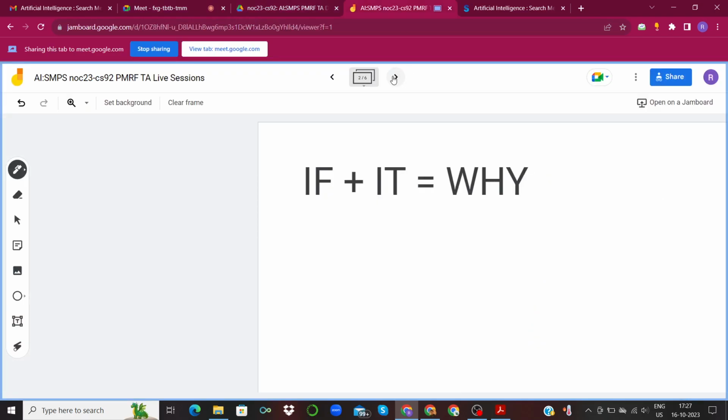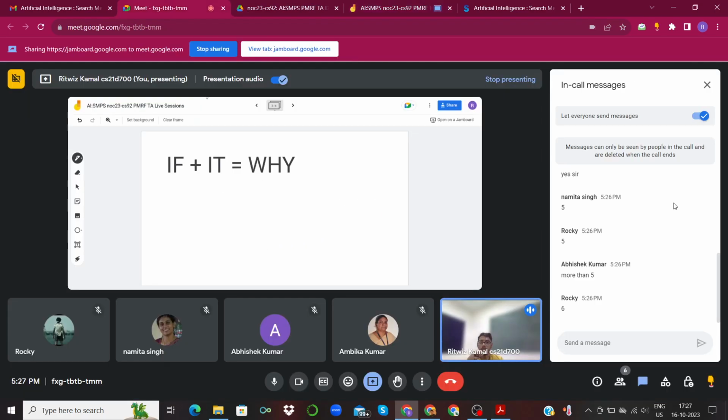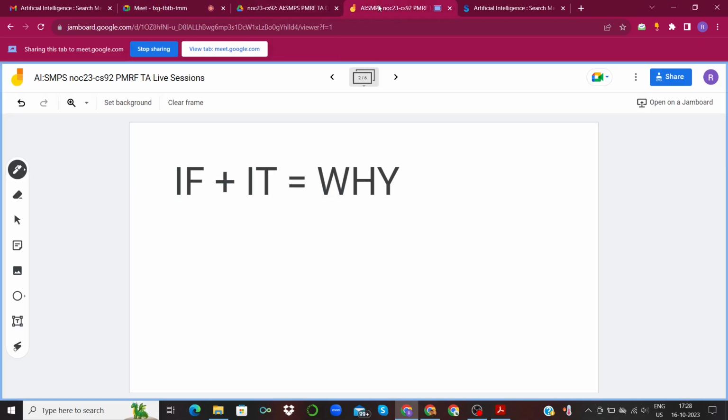Let's take another example, which is IF plus IT equals to Y. Can you think of a possible solution to this particular cryptarithmetic puzzle? I'll also give you a hint.